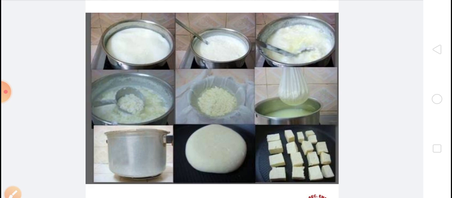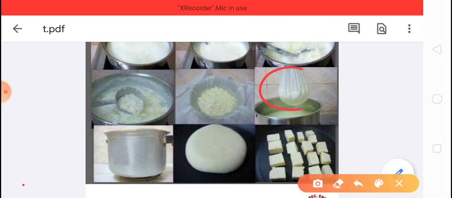The curdled milk is tied in a big muslin cloth and hung for some time. The liquid remaining after milk has been curdled and strained flows out, and cheese is retained in the cloth. Muslin cloth acts as a sieve here.